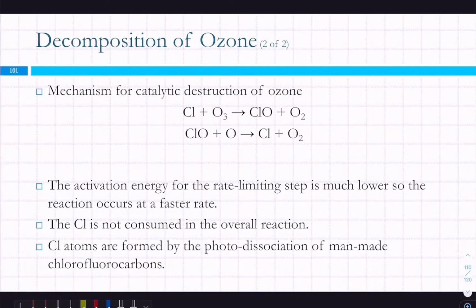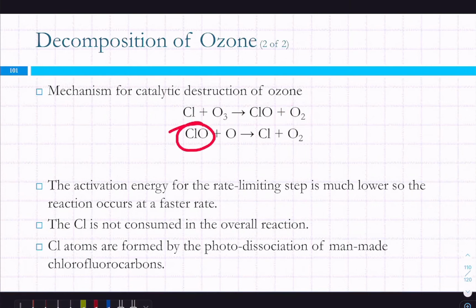Here's the mechanism for catalytic destruction of ozone. You see that chlorine is one of the reactants. Chlorine is also one of the products. So in this first step, you form this hypochlorite, I think it would be hypochlorite, plus oxygen.